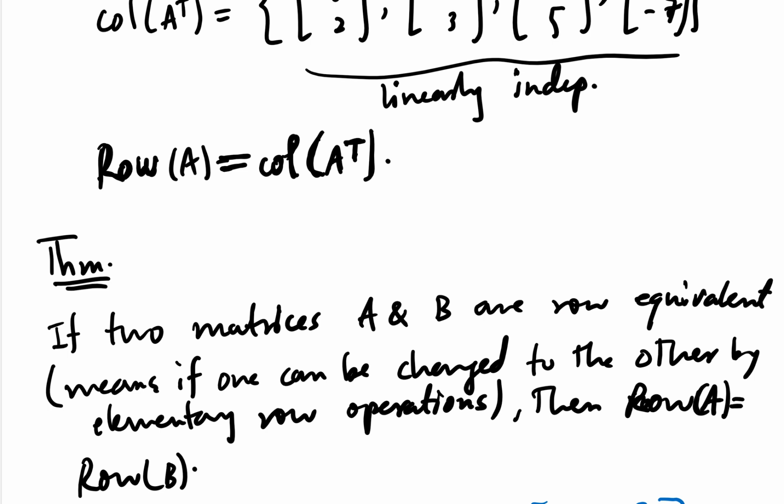So if you take matrix A, do some row operations and get a new matrix B, these two matrices are called row equivalent. If that's the case, then the row space of A and the row space of B should be the same. And we'll see how this theorem helps us find the row space of a matrix.